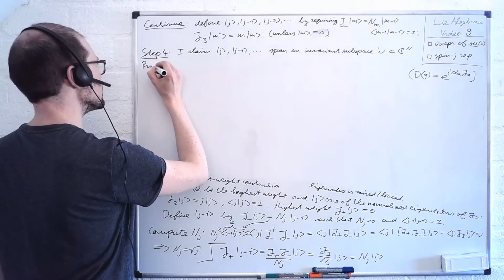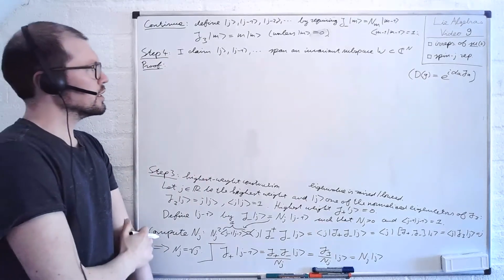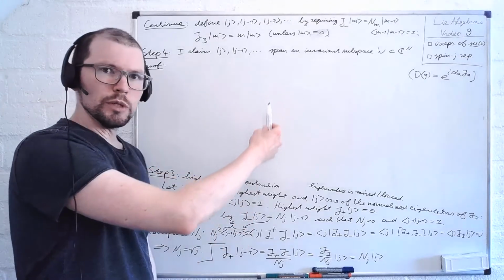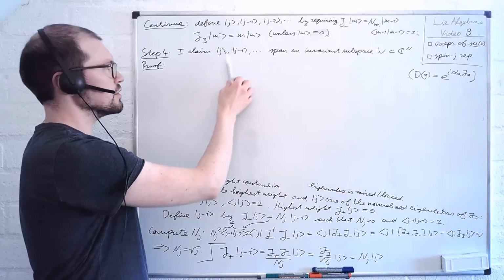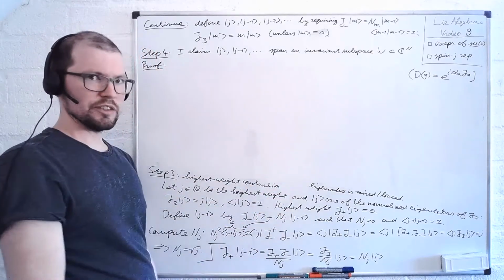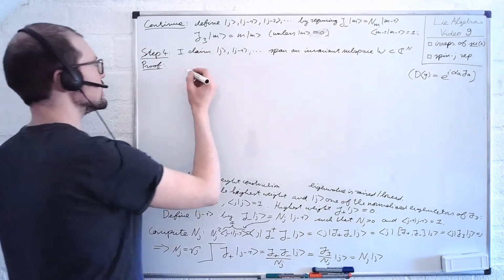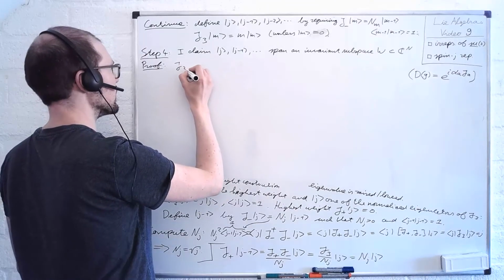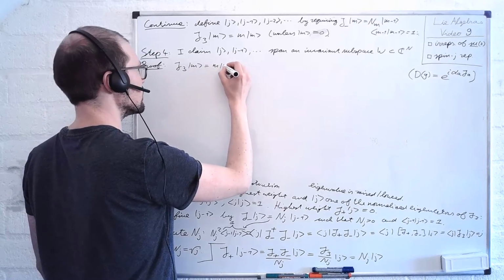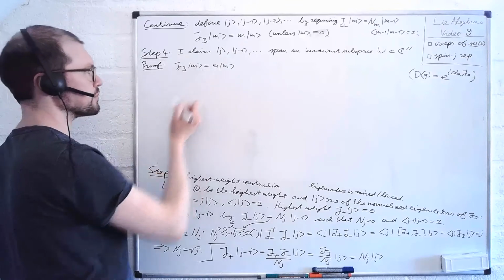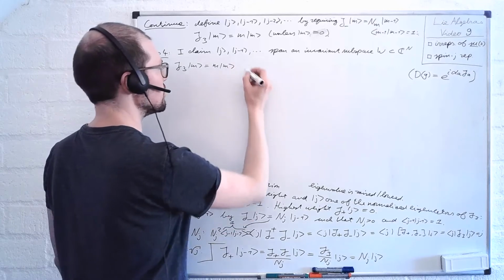So let's see why this is the case. Recall from the last video that an invariant subspace at the level of the Lie algebra means that if I act with the generators on a vector in the subspace, it's again in this subspace. Now we already know that if I act with J3 on one of these, it's an eigenvector, so it's trivially in the space spanned by these.